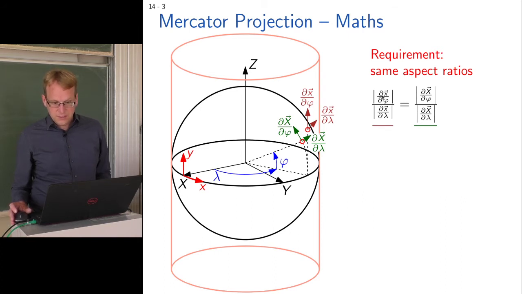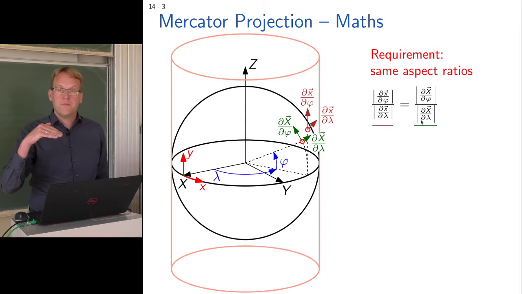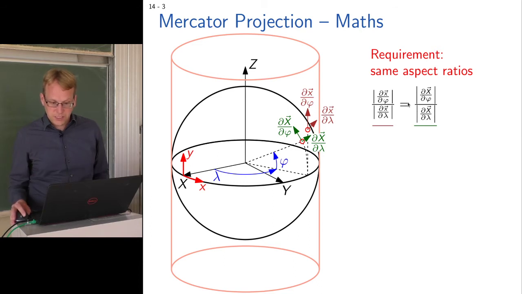By dividing the length of the one vector by the length of the other, we get the aspect ratio of this brown surface element. And similarly, we look at the green surface element spanned by these two vectors, look at the length of these two vectors, divide them, and have the aspect ratio of that surface element.